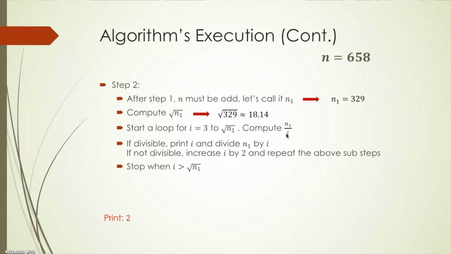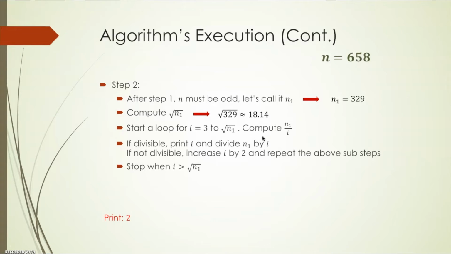If the number is divisible, we'll print i and divide n sub 1 by i. But if not divisible, we'll increase i by 2 and repeat the above sub-steps. So from here, we'll stop when i is greater than square root of n sub 1.